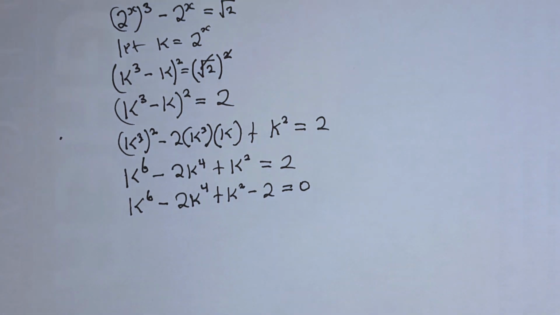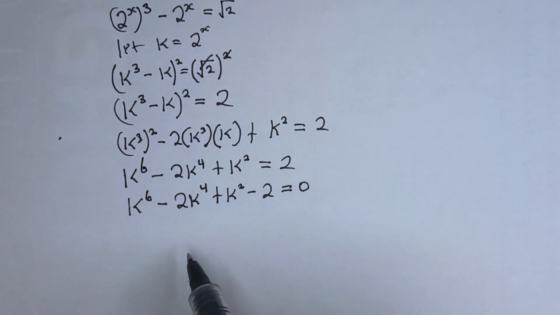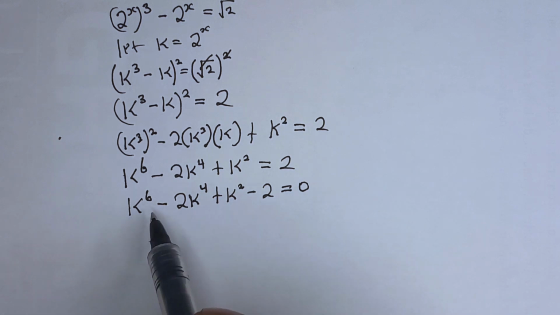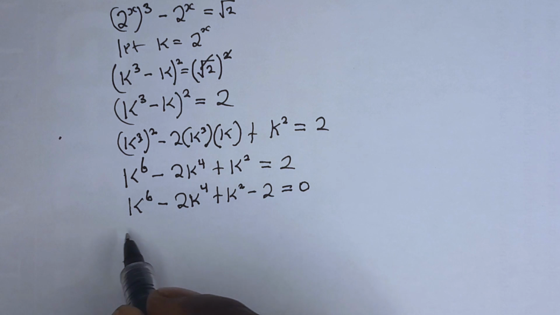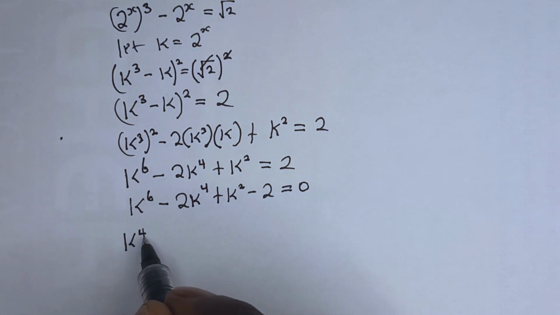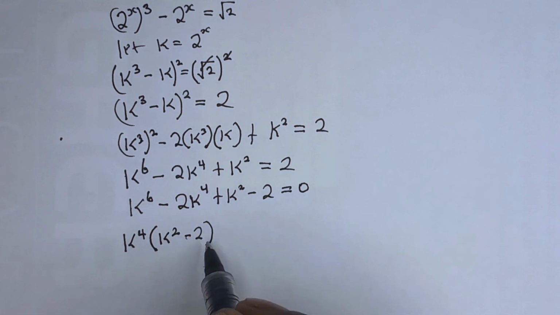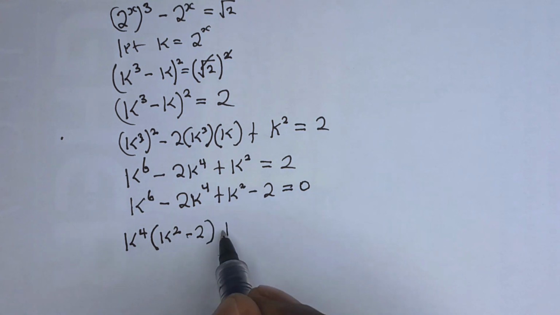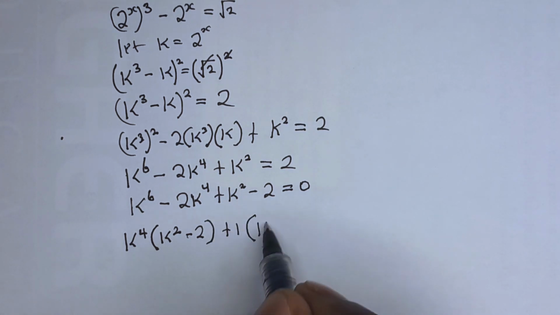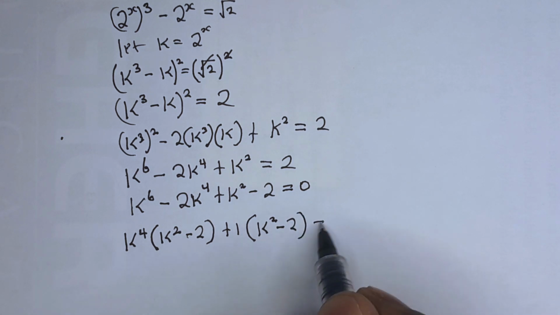So from this step, we have k in common. We can factor k outside. Therefore, k to the power of 4 open bracket k to the power of 2 minus 2 close bracket, plus 1 open bracket k to the power of 2 minus 2 close bracket, which is equal to 0.